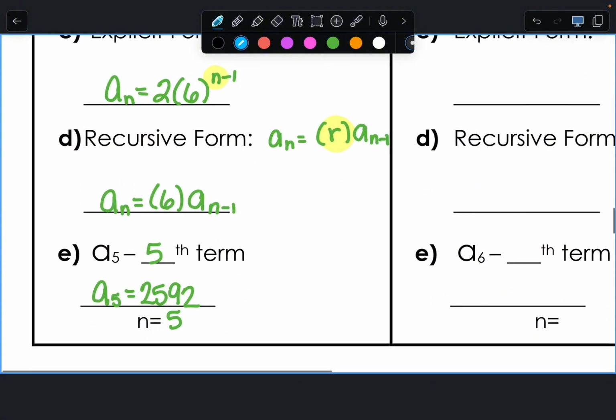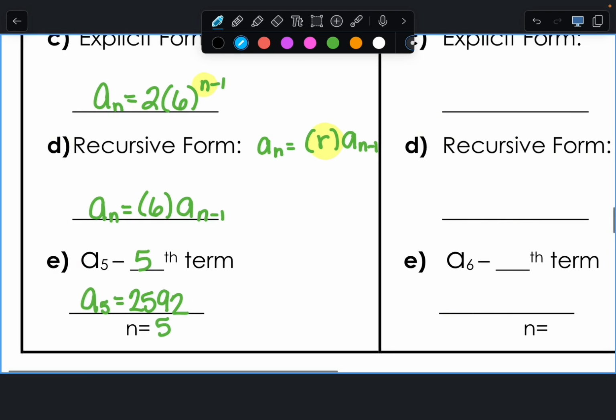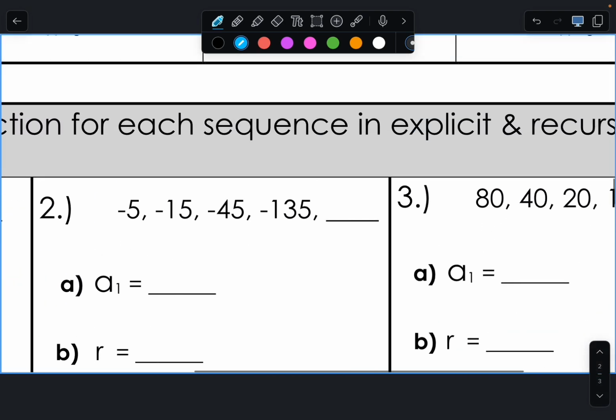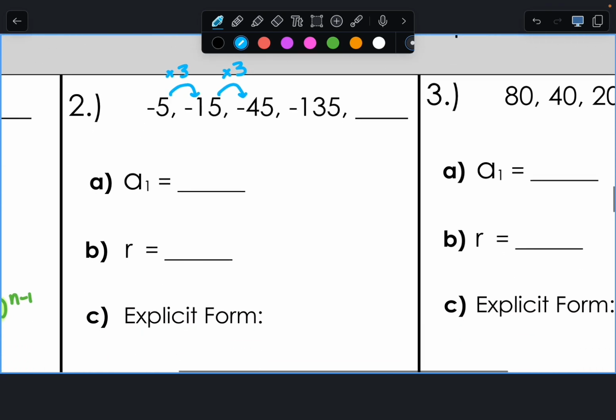Questions? All right. Number 2. What are we multiplying by to get from one number to the next? 3. We're multiplying by 3. The first term in my sequence, A sub 1, is -5. R represents my common ratio, which is 3.